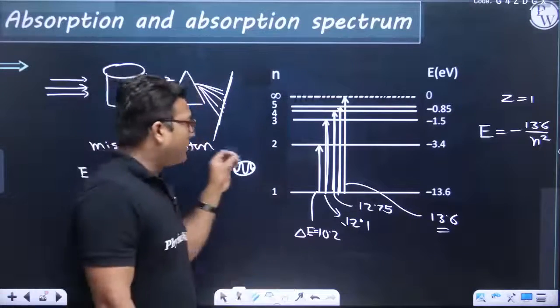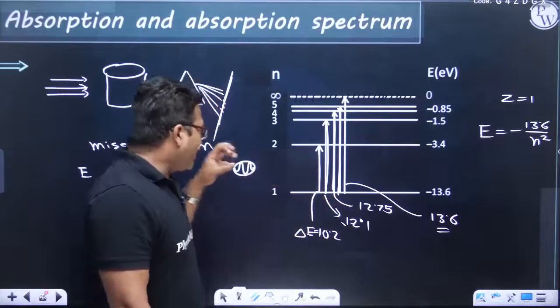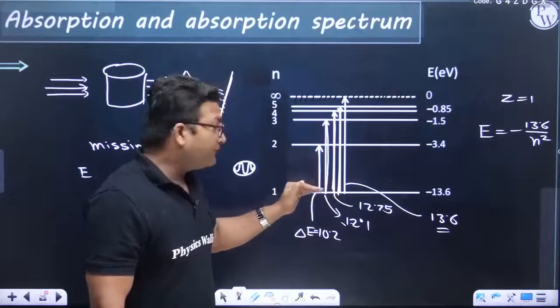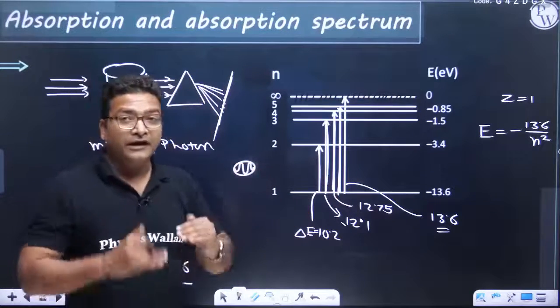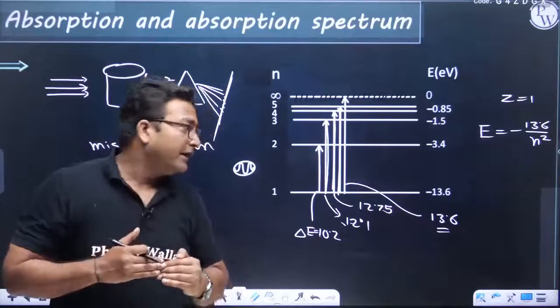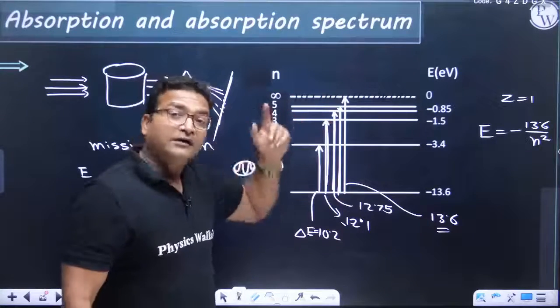So whenever a photon comes, the photon finds the electron always in the ground state, and therefore absorption of a photon is only possible from the ground state. So always remember, the electron gets excited to excited levels, but only from the ground state.